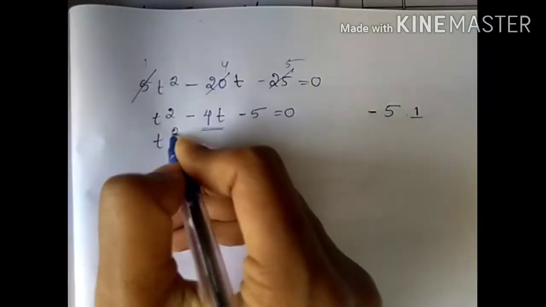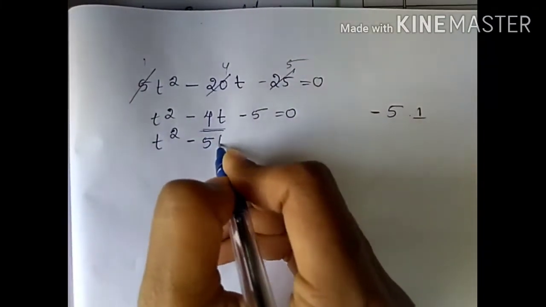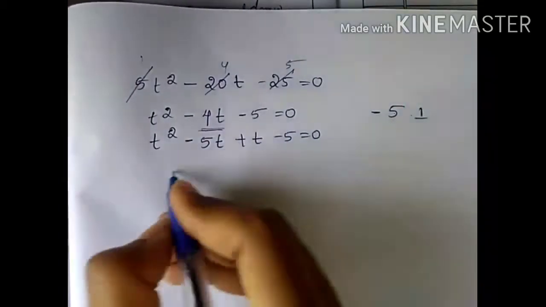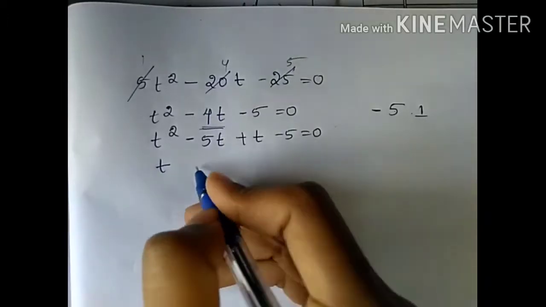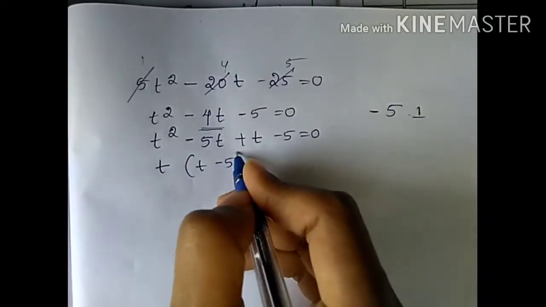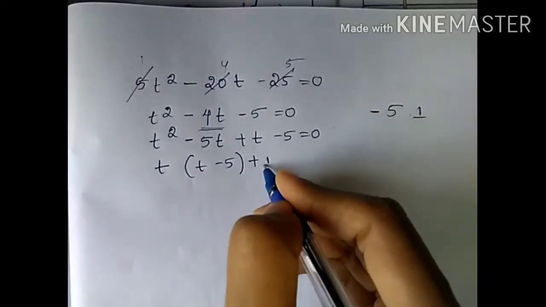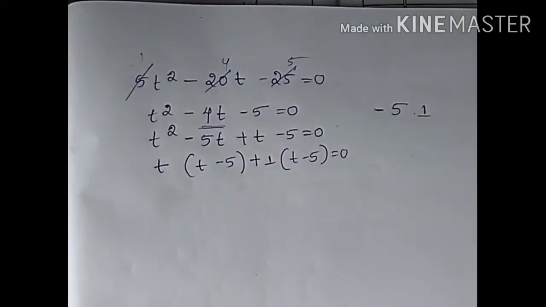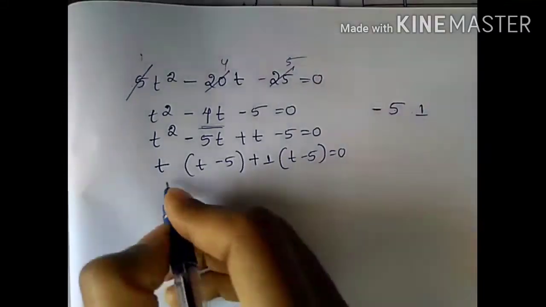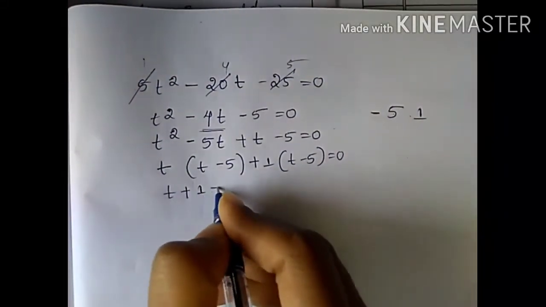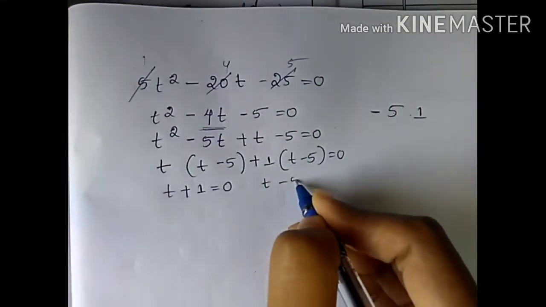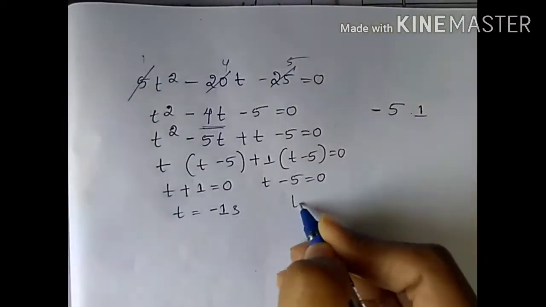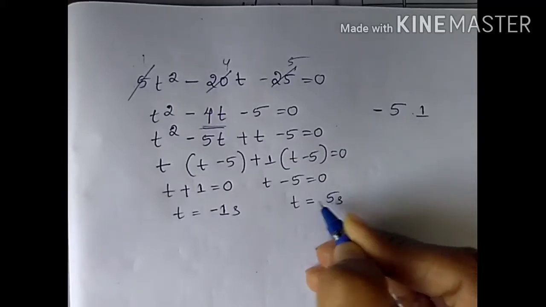So t square minus 5t plus t minus 5 equals 0. Taking t common from the first two terms and 1 common from the last two, we get t minus 5 times t plus 1 equals 0. So t plus 1 is 0 or t minus 5 is 0. So t is minus 1 seconds or 5 seconds.